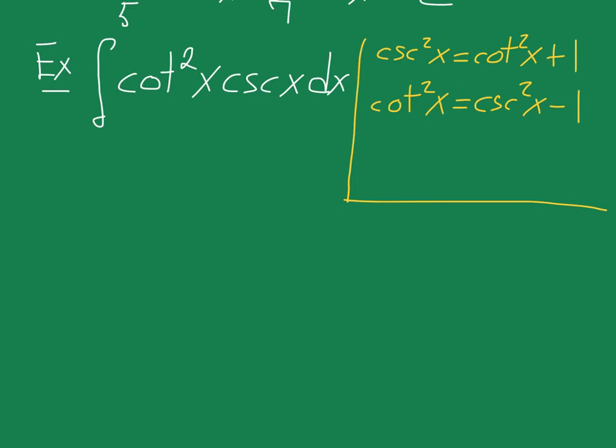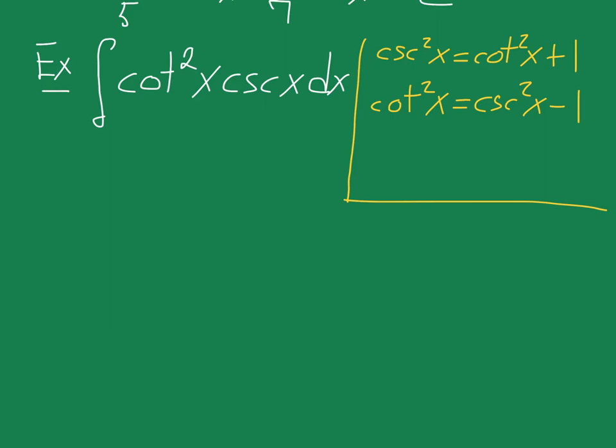Okay, so first thing that we would try to do always is break off either a cosecant squared x or a cosecant x cotan x. Well, we certainly can't break off a cosecant squared x immediately, so that's not going to work.